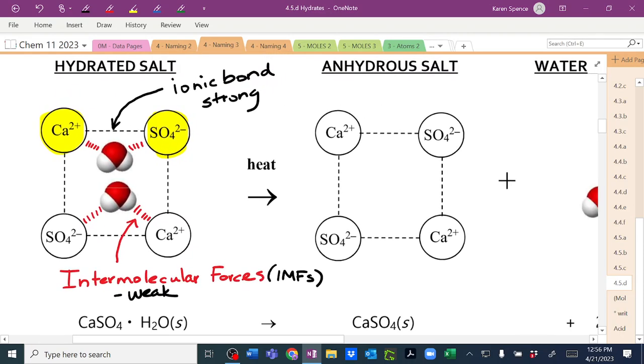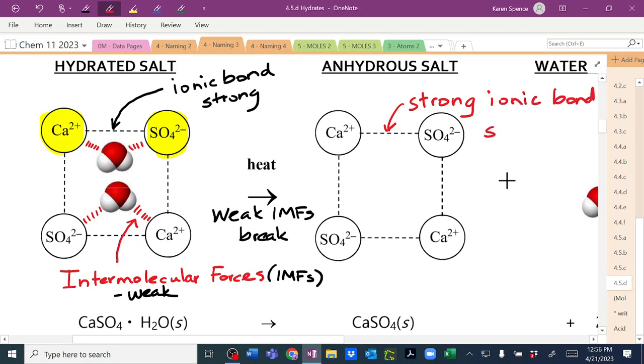So now we heat this crystal with the water in it, just like I did when I was up here holding it and jiggling around. Okay, we heat it. Which ones break? Do the ionic bonds break? Nope. Do the intermolecular forces break? So when we heat it, the weak IMFs break. But the strong ionic bonds stay intact.